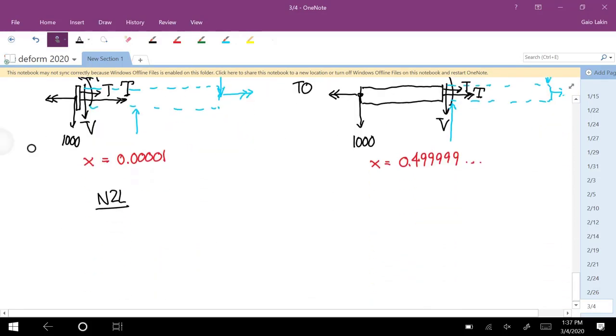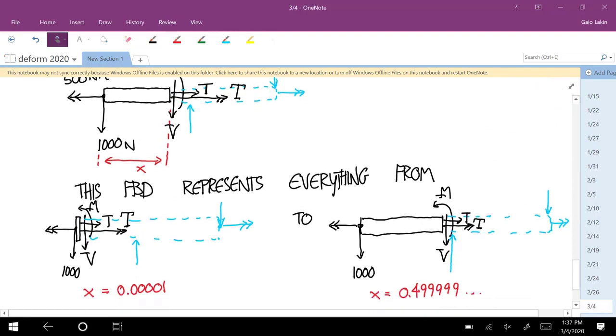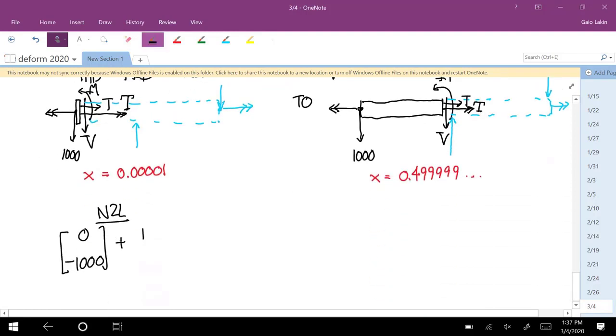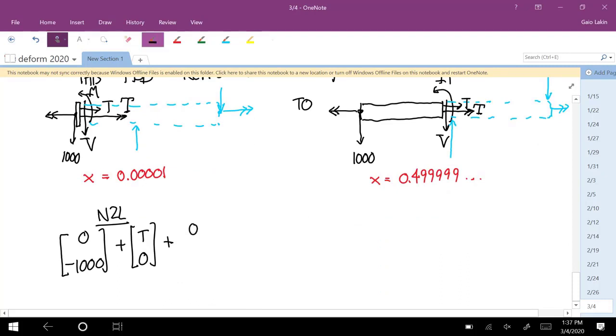So for the forces, we have a 0, negative 1,000, and then we have a T, 0, and then we have a 0, negative V. And those add up to zero. So from those two equations, you get that T is equal to 0 and V is equal to negative 1,000.